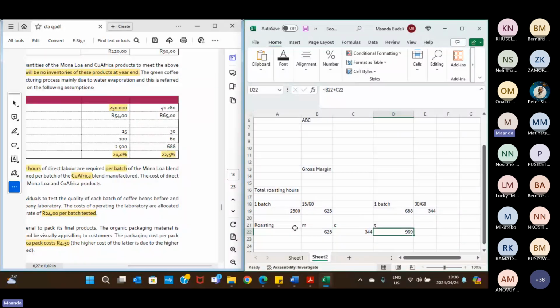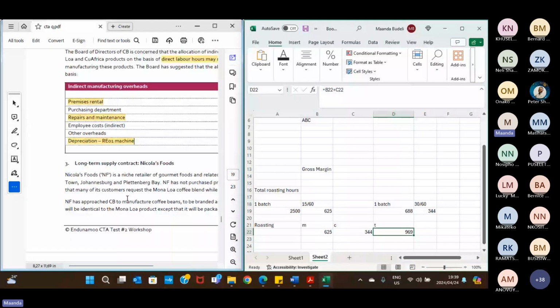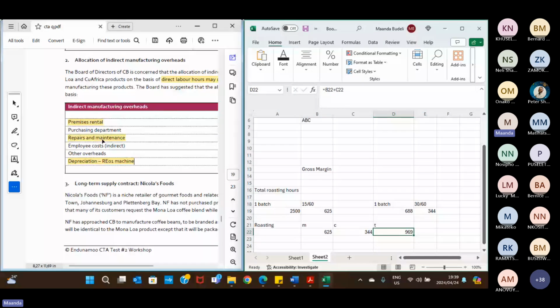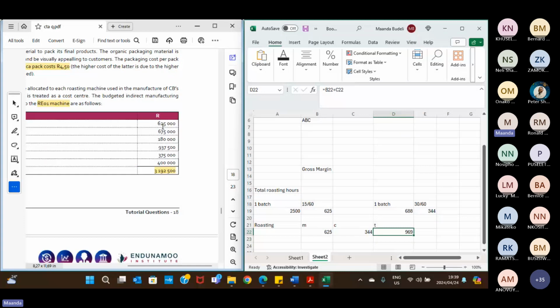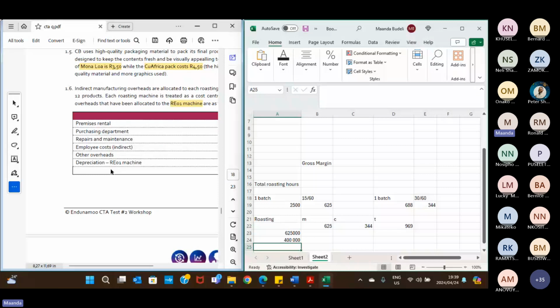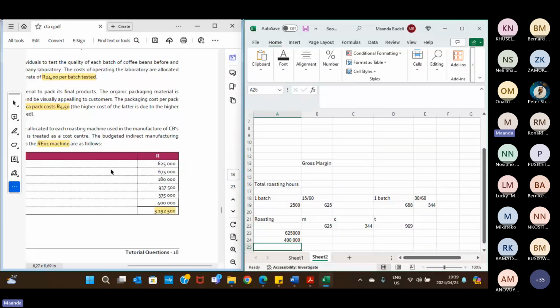And then I need the cost for what? For three things, because I have to allocate those three things using those hours, being the rental, the repairs, the depreciation. So if my rental is 625, I need the 625. I then need my depreciation, which is 400,000. And then I need the last one, which is my repairs and maintenance, which is 180.